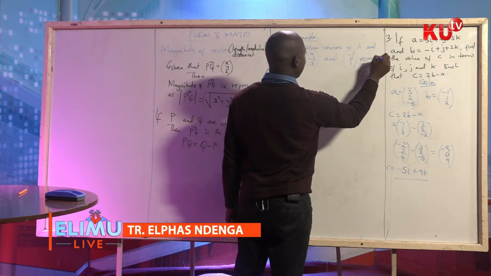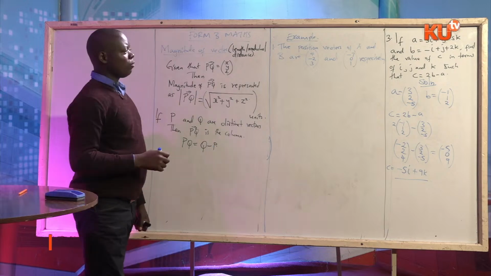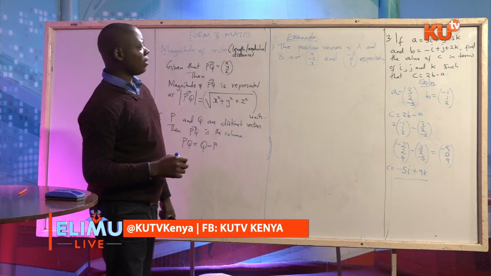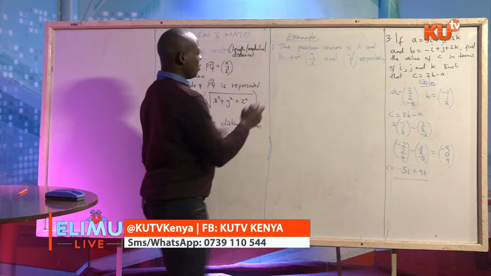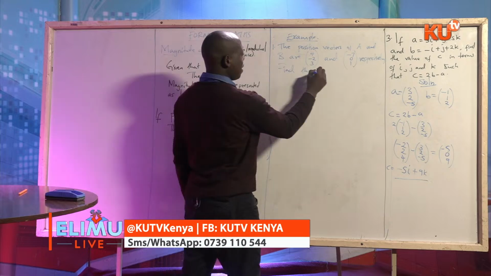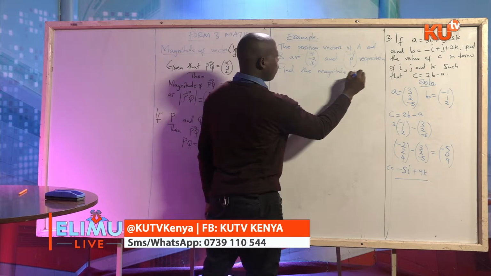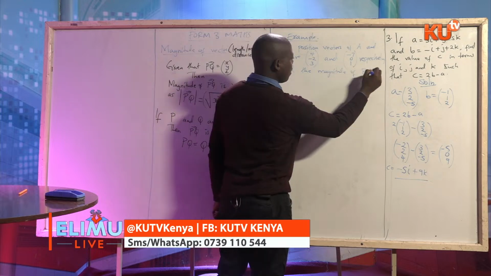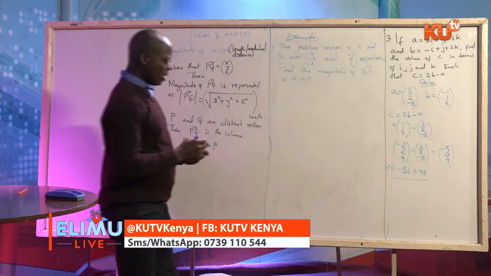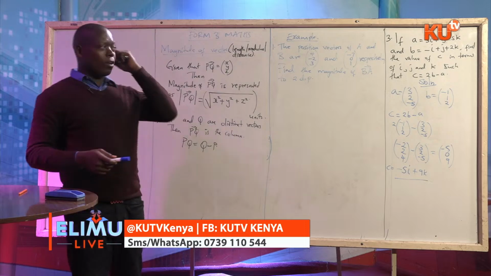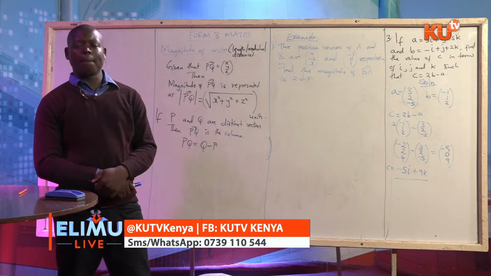Then you're told to find the magnitude of BA to 2 decimal places.